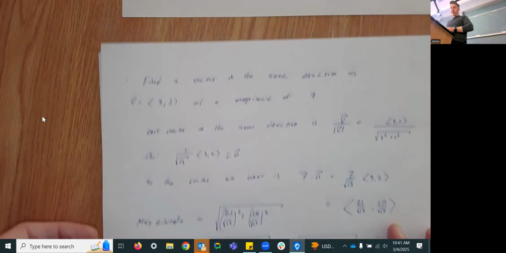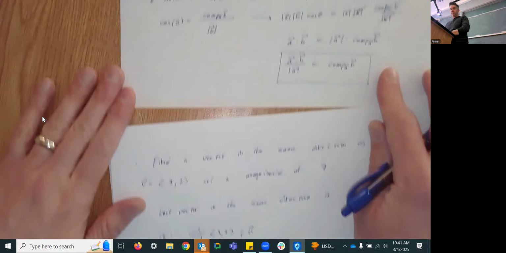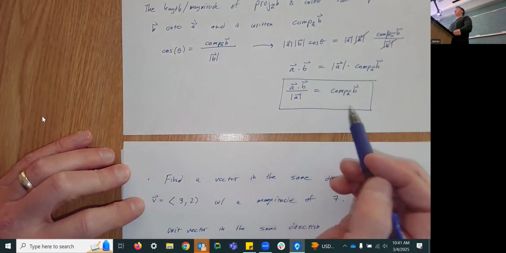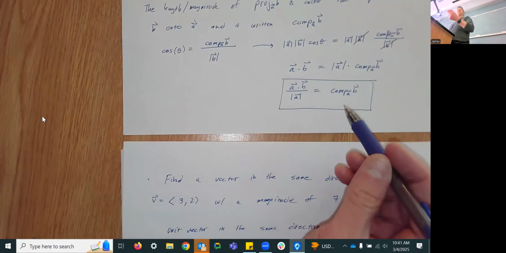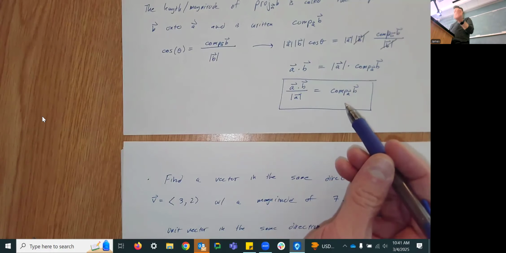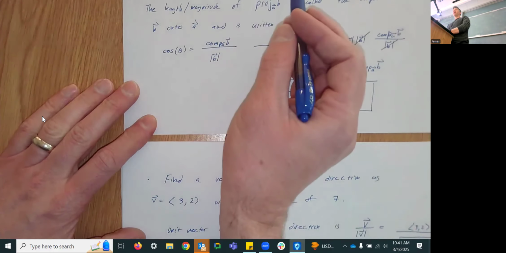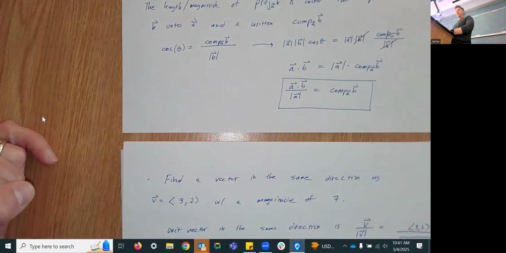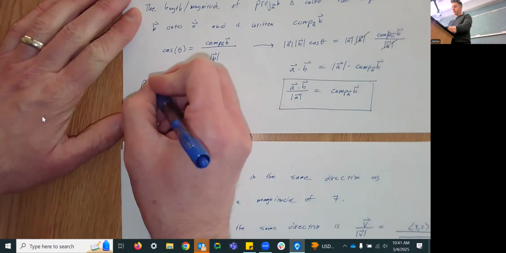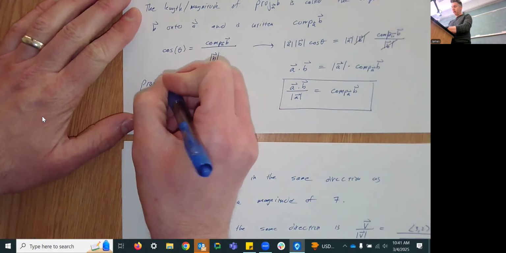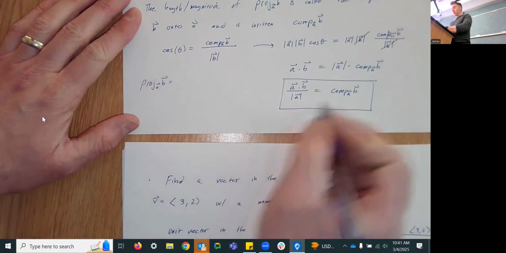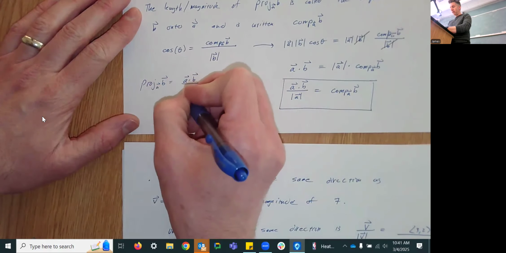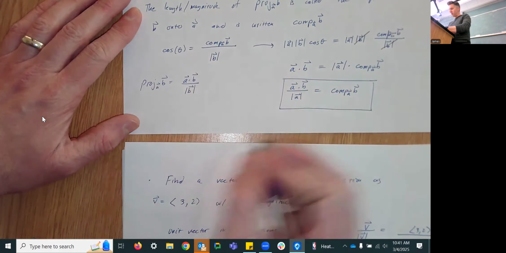What that means for us back here is that if I want to find the projection vector, all I have to do is take the length of the vector I have and multiply it by the appropriate unit vector in the right direction. The direction being the direction of A. So my unit vector is going to be A divided by the magnitude of A, and my projection of B onto A is going to equal the length, A dot B divided by the magnitude of A. Sorry, the magnitude of A, apologies.